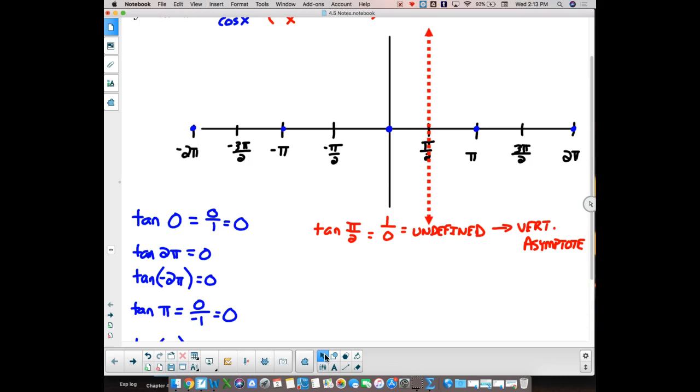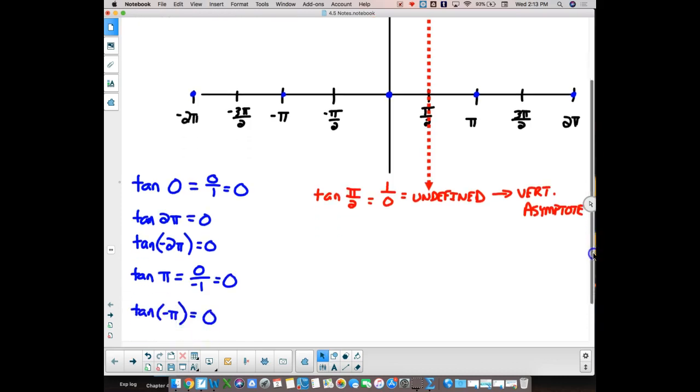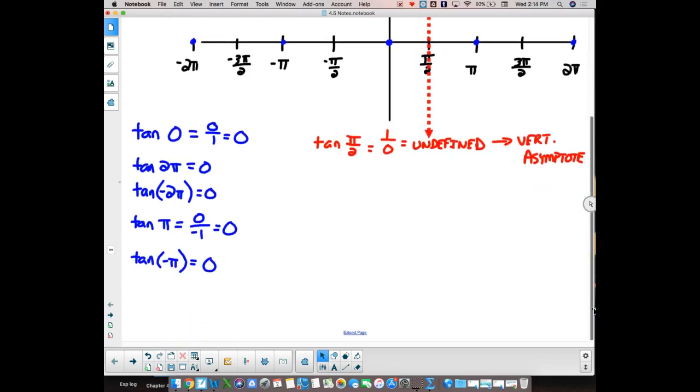What about at 3 pi over 2? What's the tangent at 3 pi over 2?